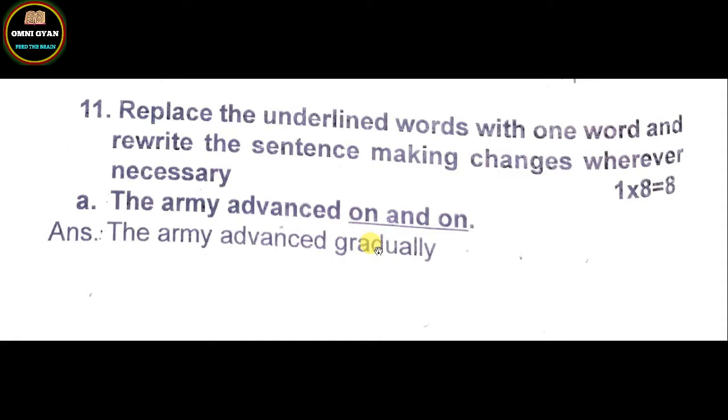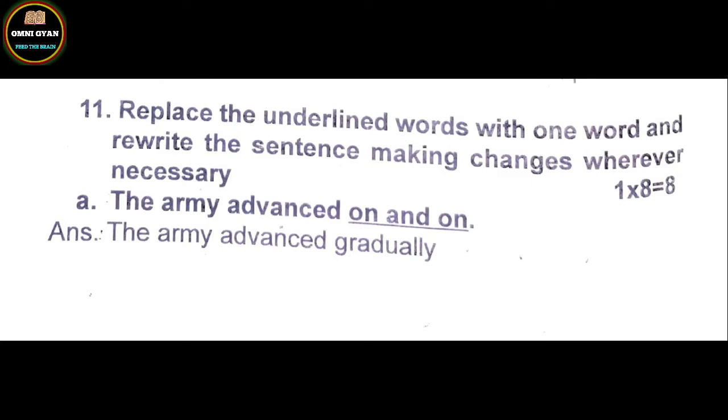You will have to remember that some one word substitutions are very concrete. Say for example, a person who looks at the bright side of things, one word substitution is optimistic. These are concrete. But words like gradual are quite common in use. So sometimes examiners who set question papers are quite tricky.